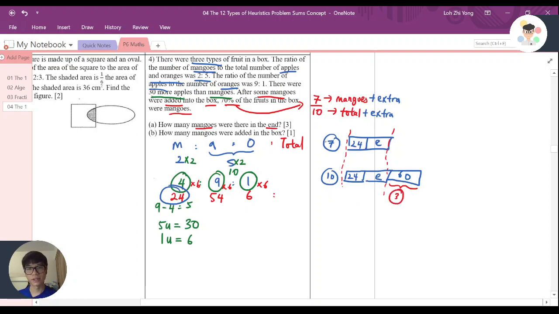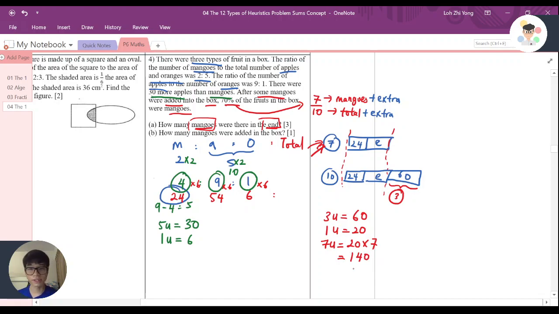Notice that 3 units. So this 3 units is equivalent to 60, so 1 unit is equivalent to 20. Then we are looking for what? The mangoes in the end, which is this 7 units. So 7 units will be 20 times 7, which is equivalent to 140.